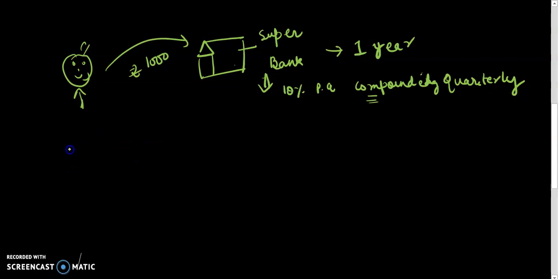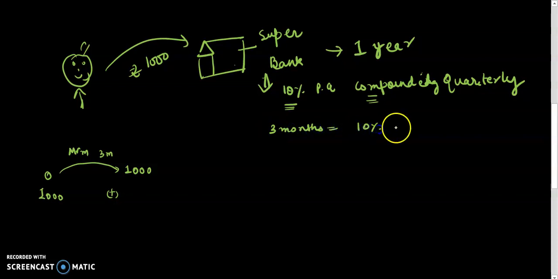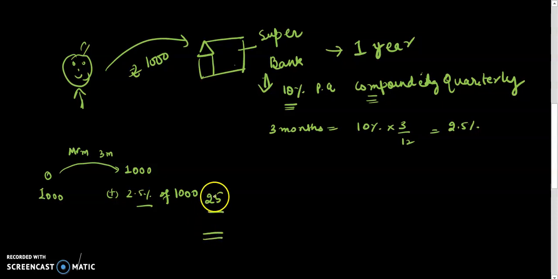Let's say Mr. John deposited at the time of 0 1000 rupees in a bank, and after 3 months Mr. John will earn interest. Now 10% is the annual interest, and for the 3 months interest would be 2.5%. So 2.5% of 1000 is the interest, which comes out to be 25, and the total amount is 1025.